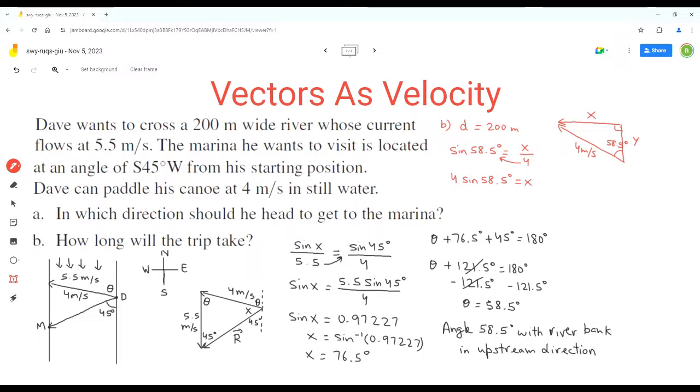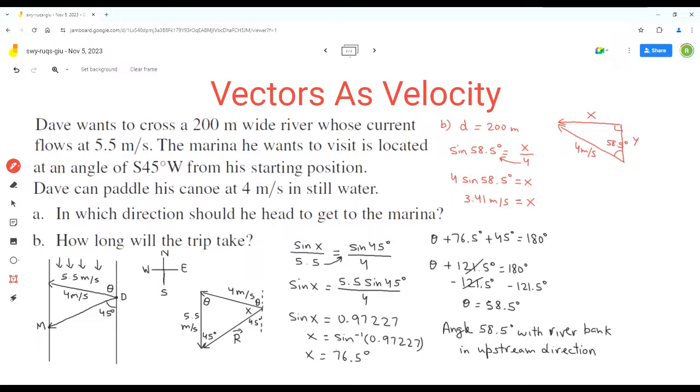Now we can evaluate it. So I got 3.41. The unit is meters per second. So this is Dave's speed across the river.